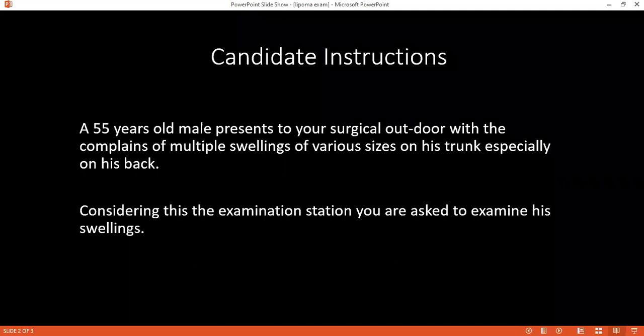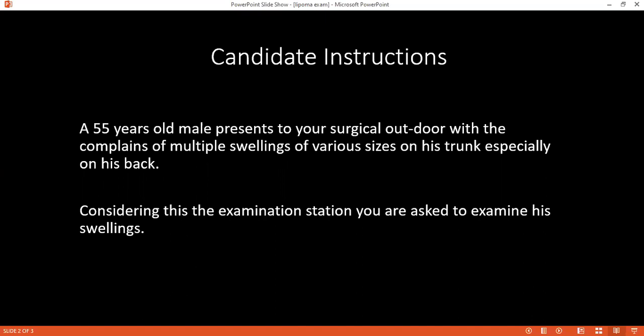Then I also assess for the regional lymph nodes. I'll then go to another swelling, which I'll examine the same way. I'll go for the next biggest swelling and perform the same method of palpation. That would include checking for tenderness, the surface, the margin, the consistency, if it is firm or soft.